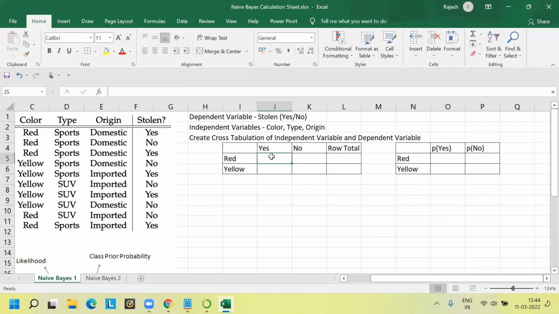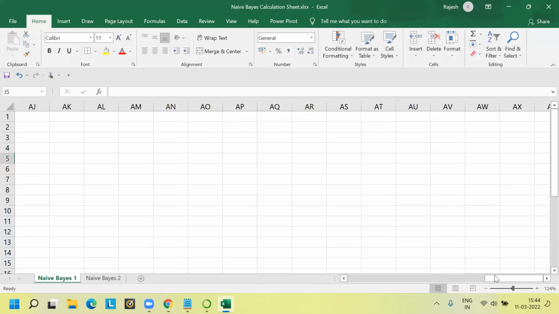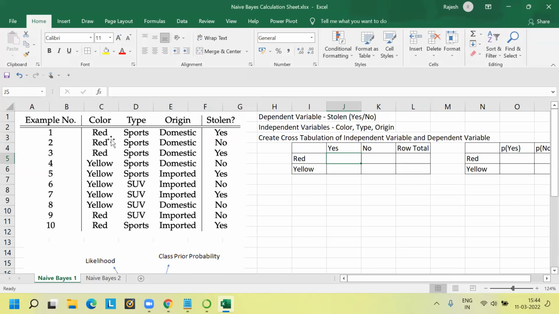Now, how many reds are stolen? 1, 2, 3. 3 are stolen. How many reds are not stolen? 1, 2. 2 reds are not stolen.